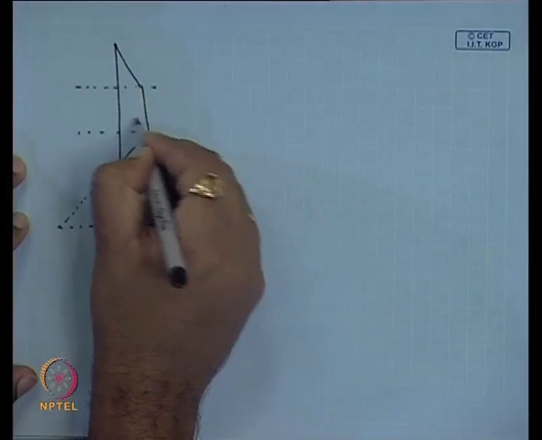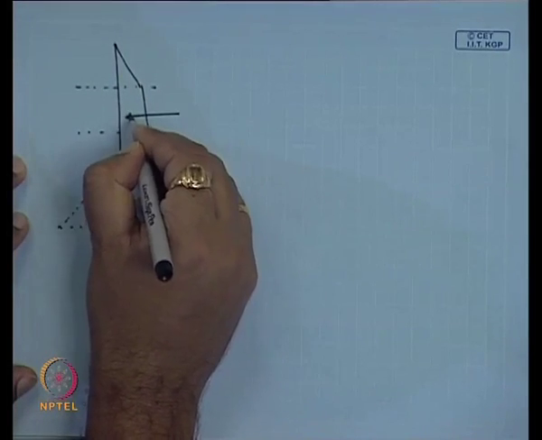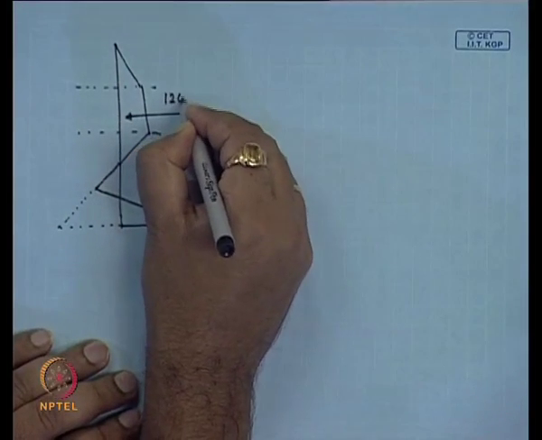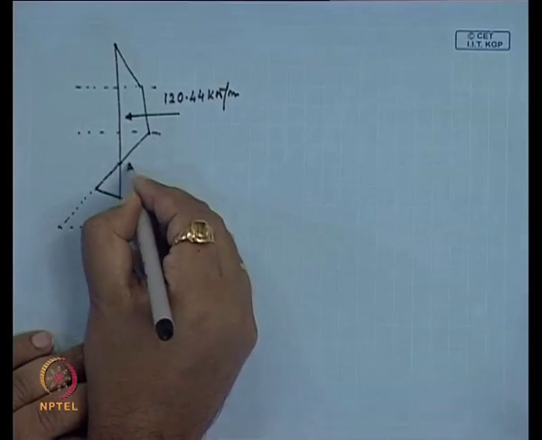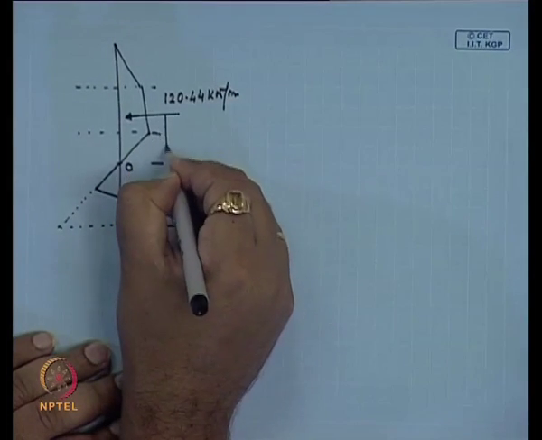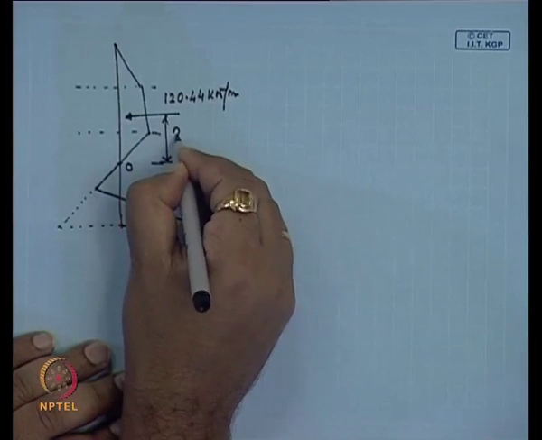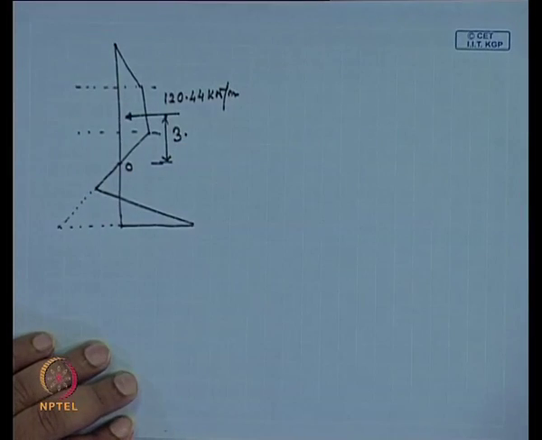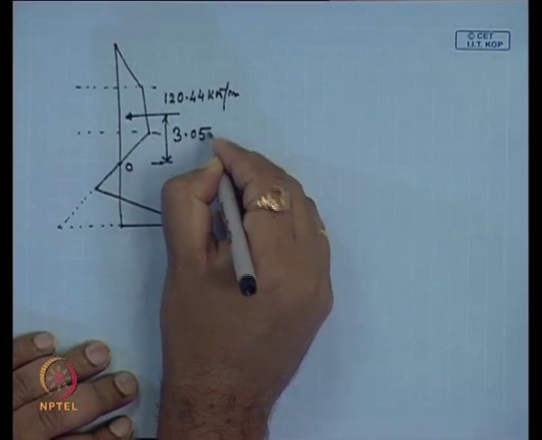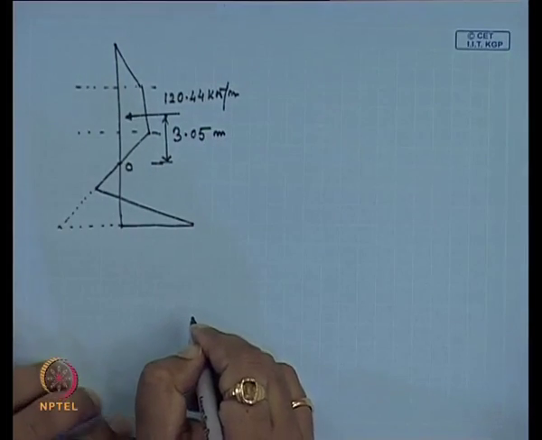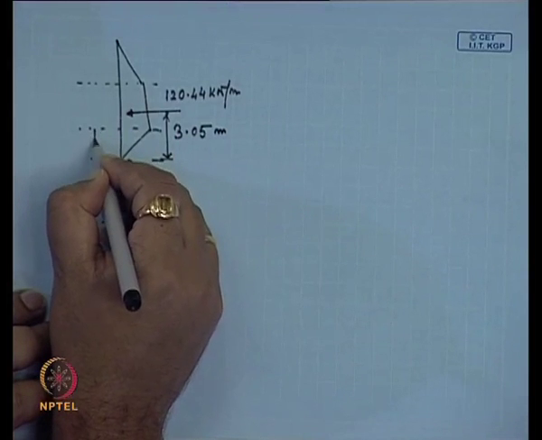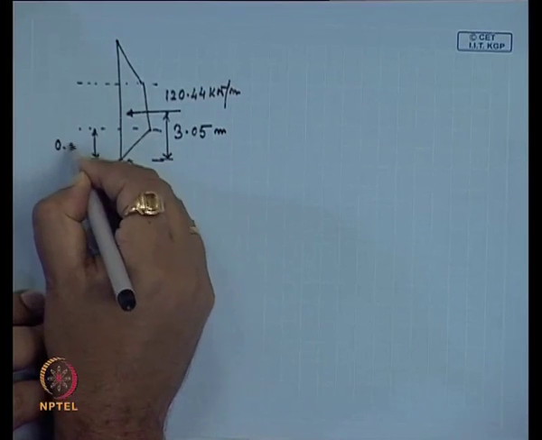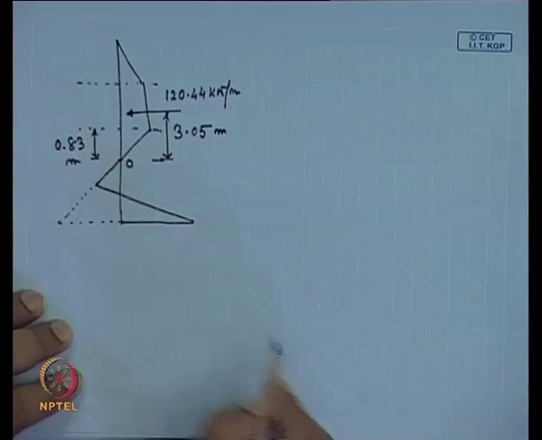Here the total force of this area is 120.44 kilonewton per meter, and it is at a distance of 3.05 meter from the O point, and this O point is at a distance of 0.83 meter from the dredge level.